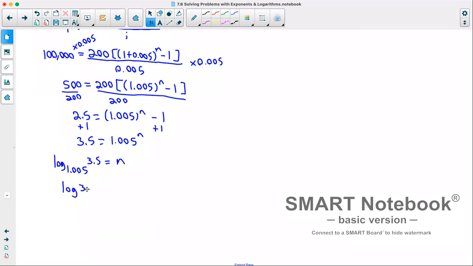So that's log of 3.5 divided by log of 1.005 gives us our n. And that gives us 251 payments. So in roughly 20 years.